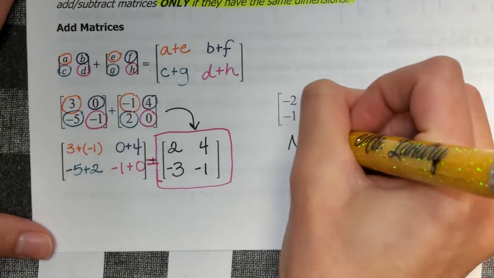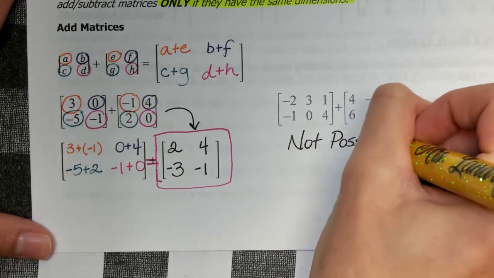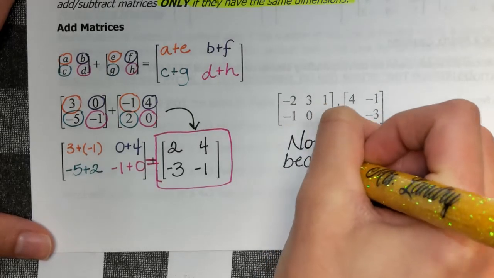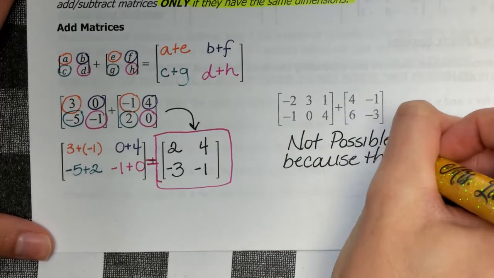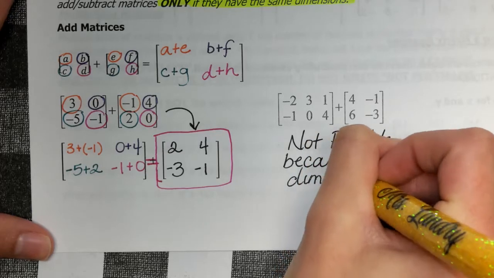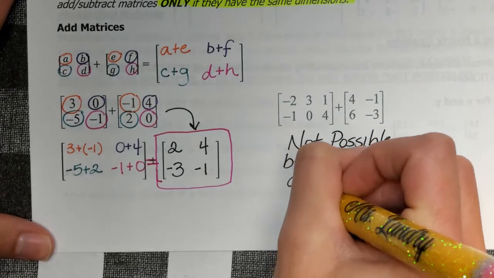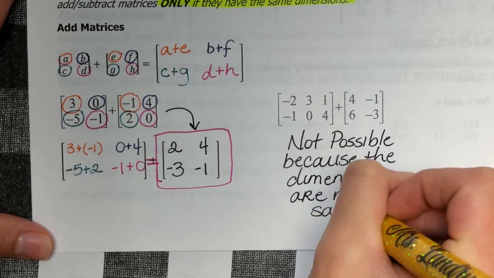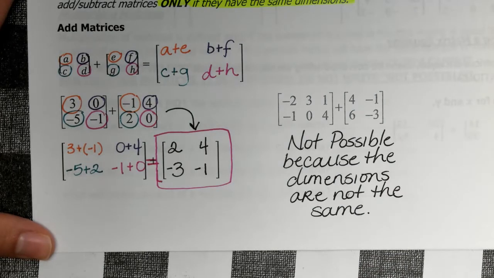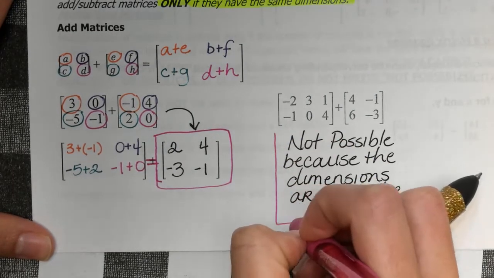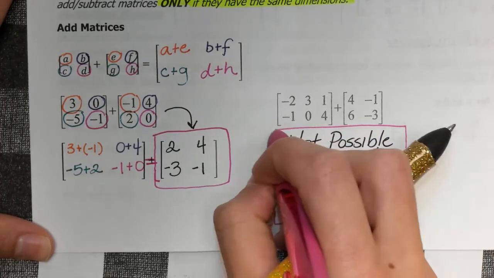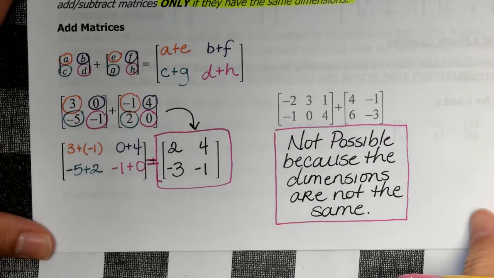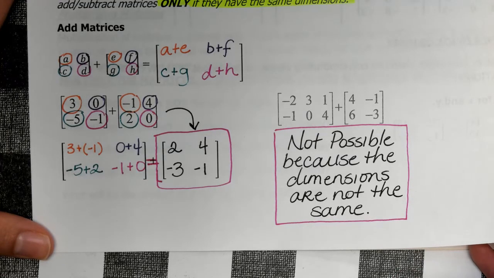So we're going to put not possible because the dimensions are not the same. Y'all good with that?